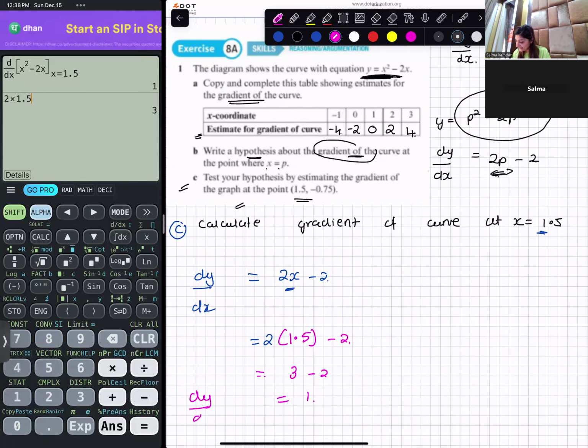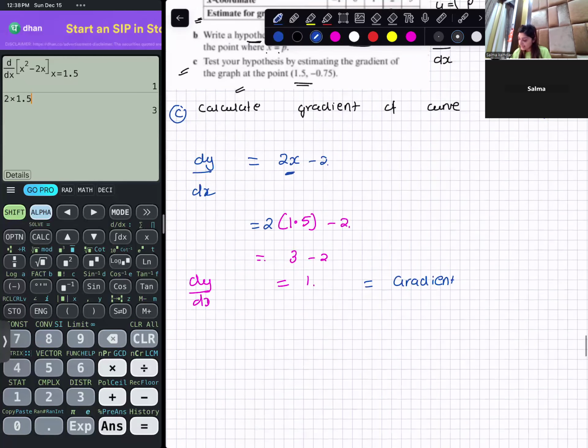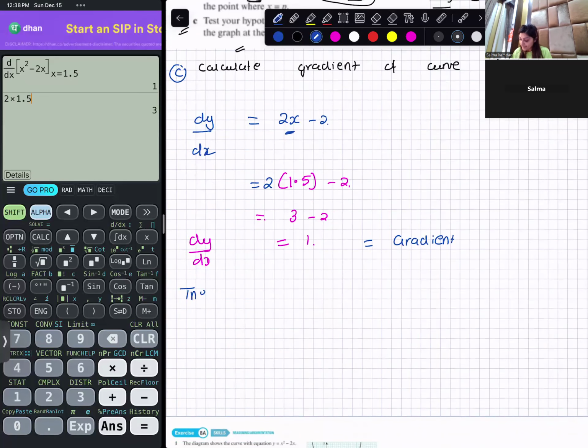So my dy by dx is equal to 1, which is my gradient. And I would say the gradient of the curve at x is equal to 1.5 is 1. And this is my final answer.